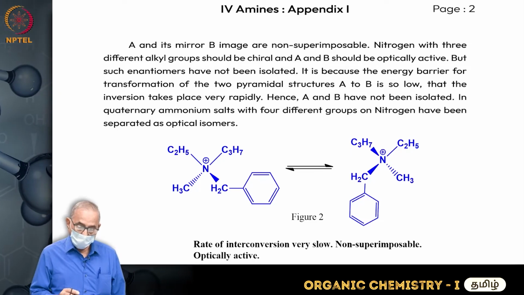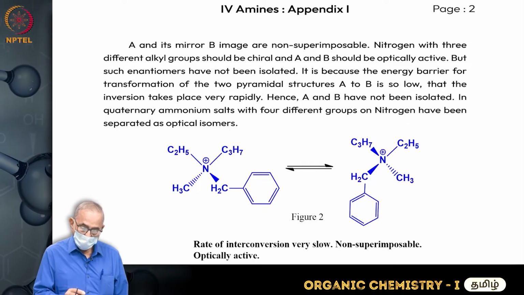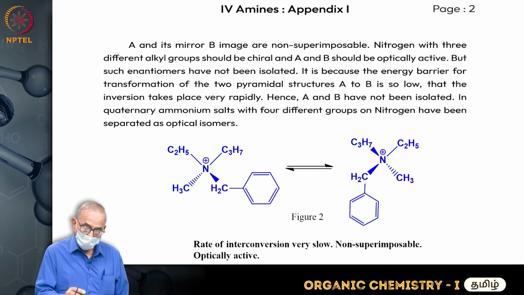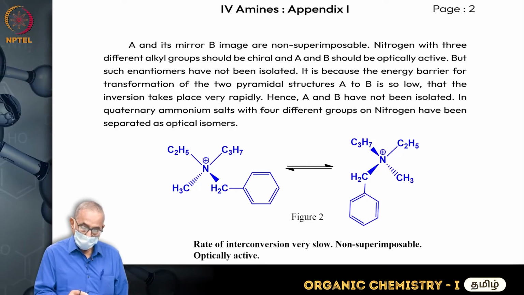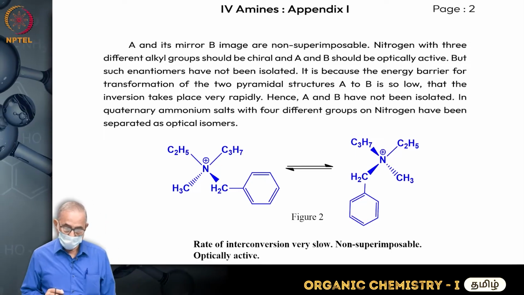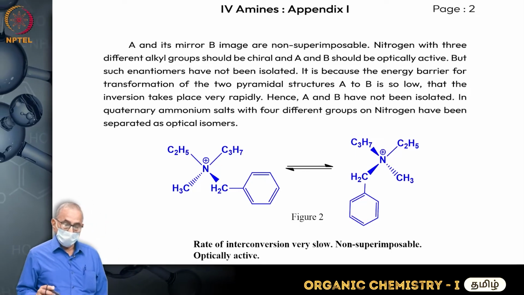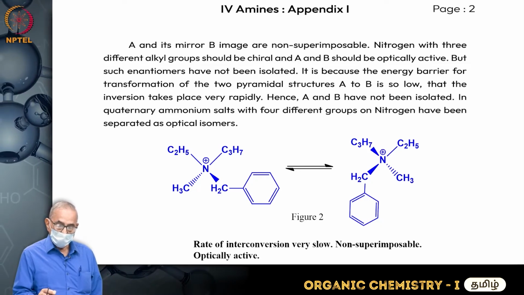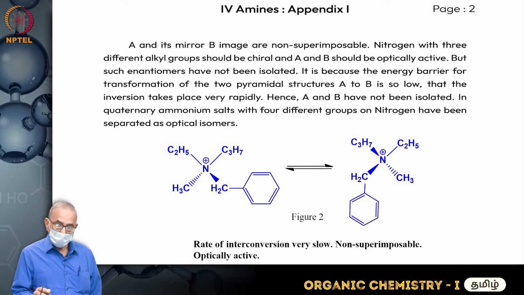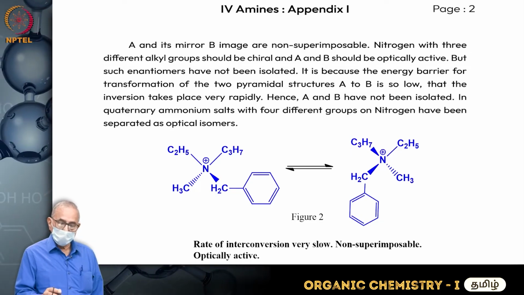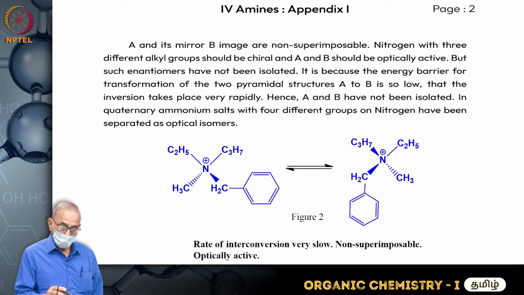But if you have an ammonium salt where the nitrogen is attached to 4 different alkyl groups, methyl, ethyl, propyl and benzyl group, this particular molecule, you see that they are not superimposable, and the energy barrier for conversion is very large, therefore, they do not interconvert from one pyramid to another pyramid.